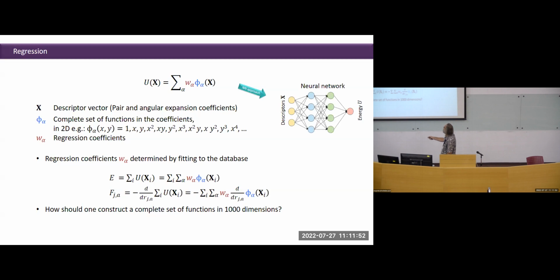For a complete set of functions in these coefficients, let's say in 2D, where we have only two variables, x and y, a complete set would be x and y, x squared, xy, y squared, and so on and so forth. There's really no reason where to stop. So that means that if we have 1,000 descriptors per atom, we're seeking a complete expansion in 1,000 dimensions, which is of course completely intractable to do.